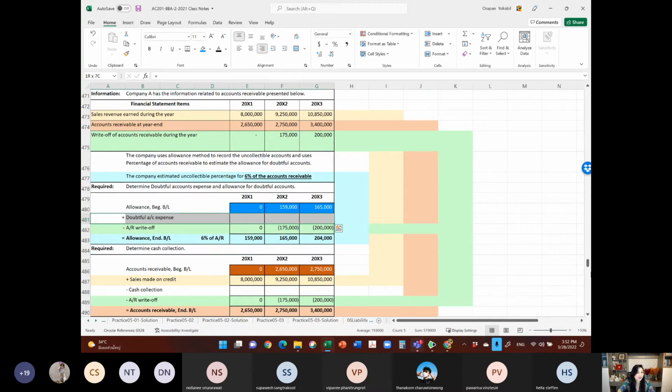I want 3 numbers: expense for year 1, year 2, and year 3. I give you time to do the calculation. Whenever you are done, you then type it up in the chat.